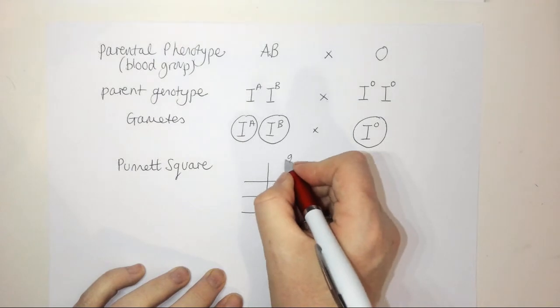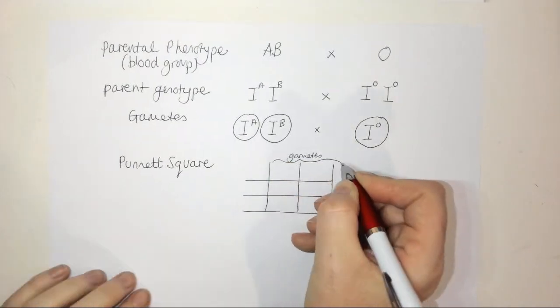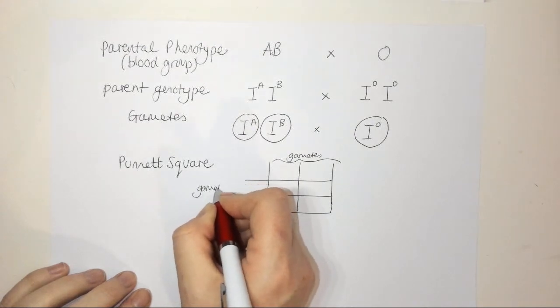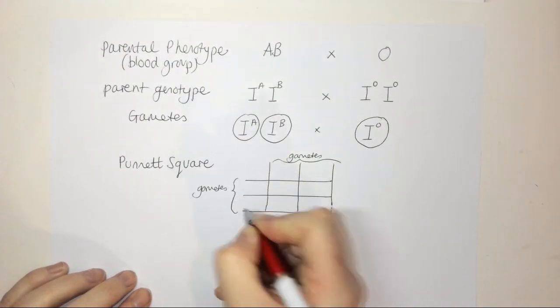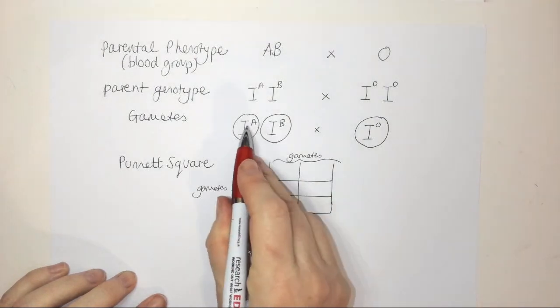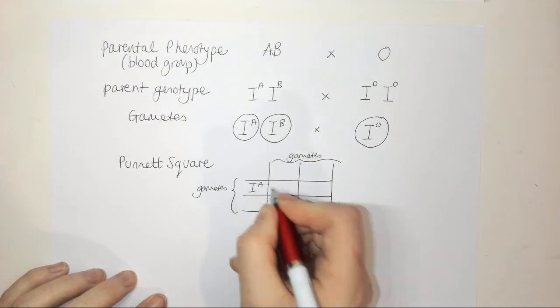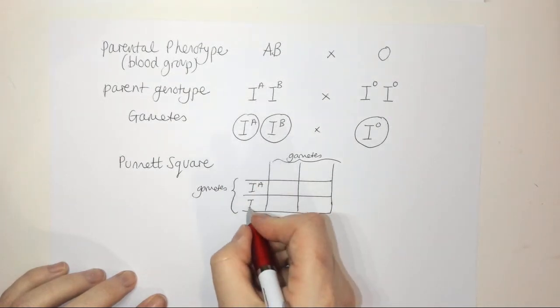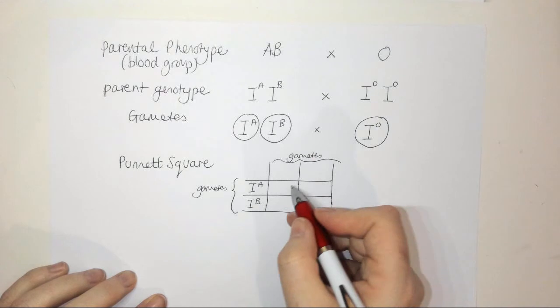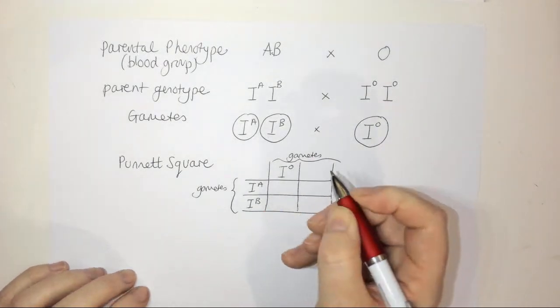I'm going to label these gametes on the outside, genotypes on the inside, and look at these gametes in the side here, this one, IA, this one, IB. I only needed one of these, but it doesn't matter. Pop this one in here.